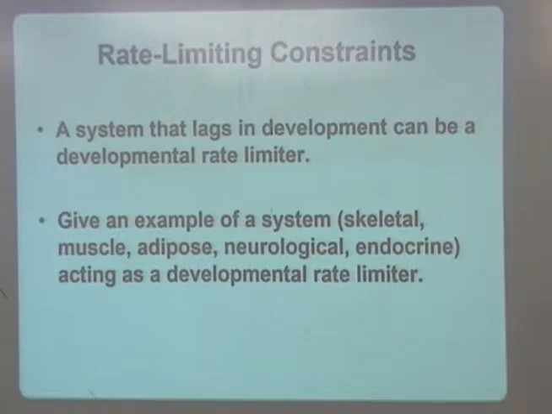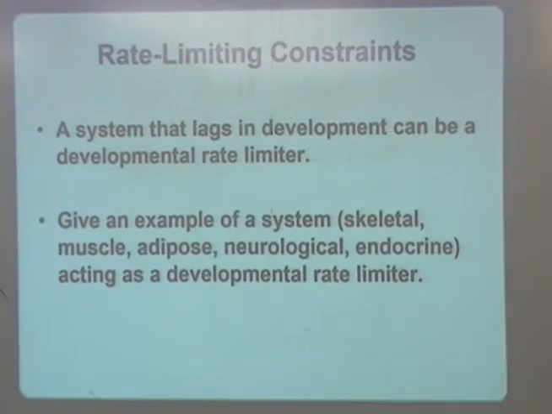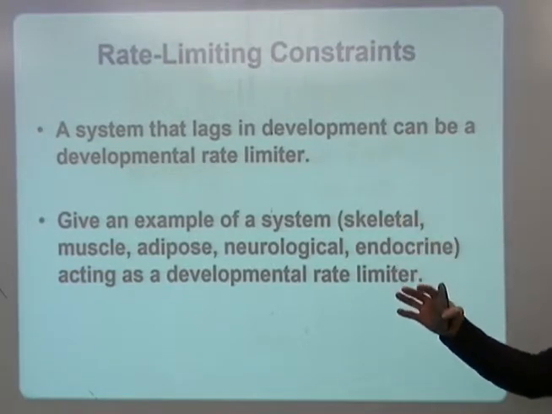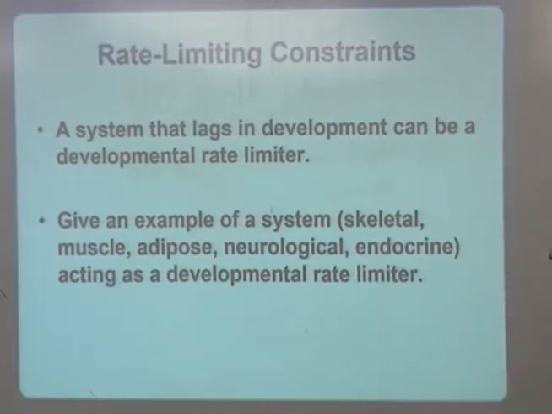Okay. Adipose system, our fat deposit. We often see fat deposits as a rate limiter for movement. Right. Children and adults who carry more than typical adipose tissue will have very different movement patterns, especially if we're looking at something where they're supposed to get themselves off the ground.